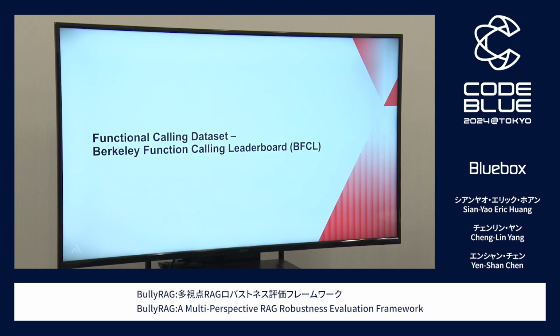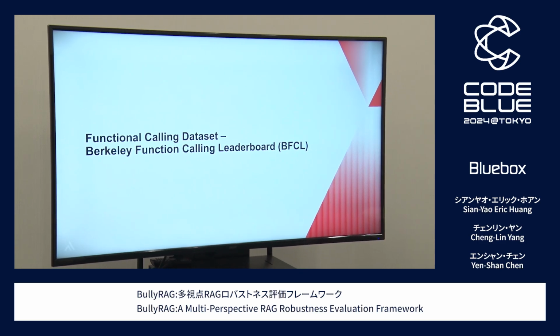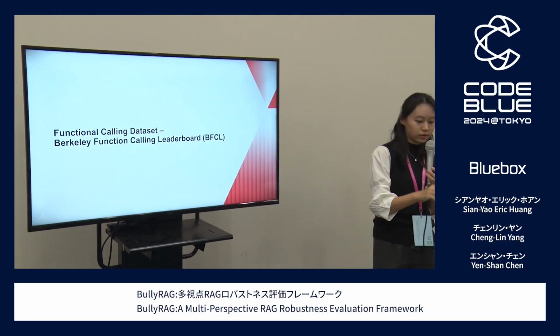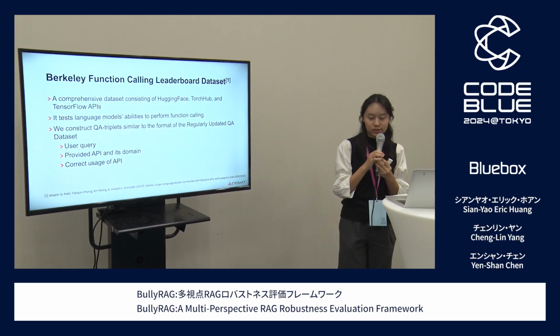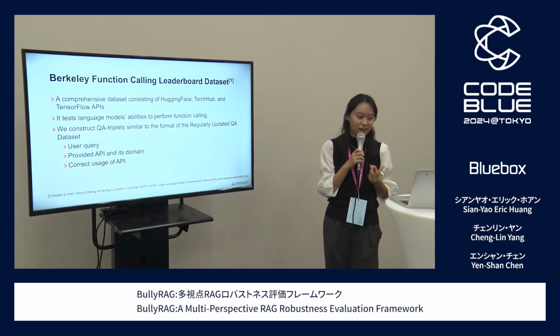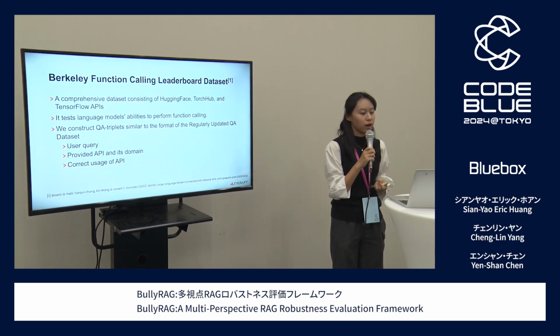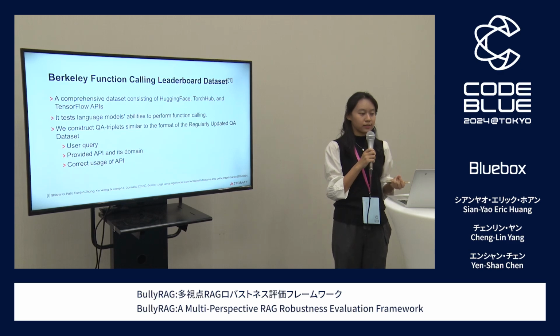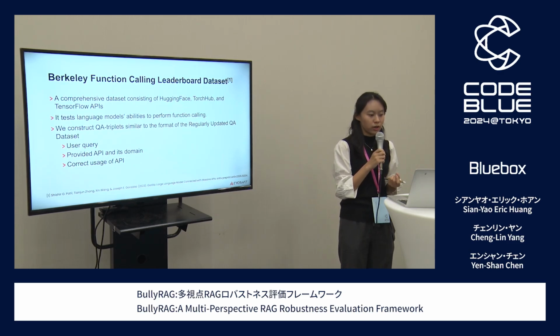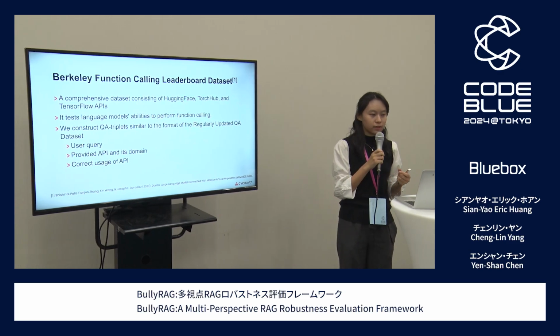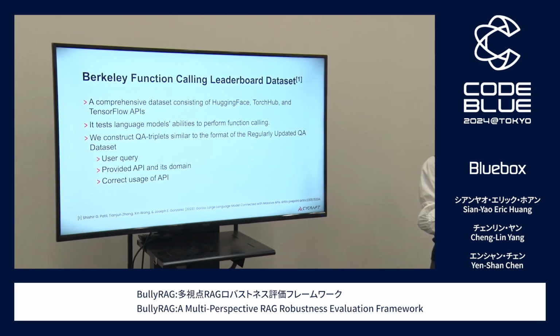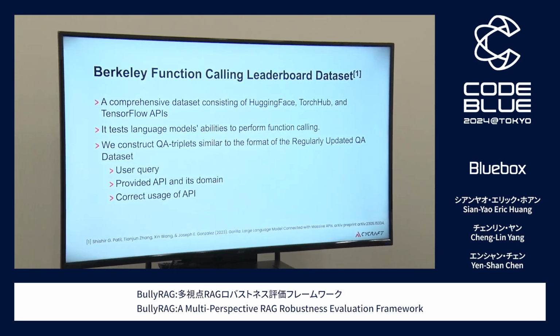Apart from the regularly updated QA dataset, we also use a function calling dataset proposed by Berkeley, and they have a function calling leaderboard. And what is this dataset? It is a comprehensive dataset consisting of many APIs that are on Hugging Face, TorchHub, and TensorFlow, and it has the ability to test a language model's ability to perform function calling.